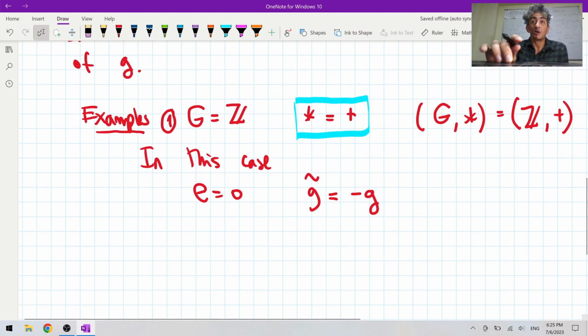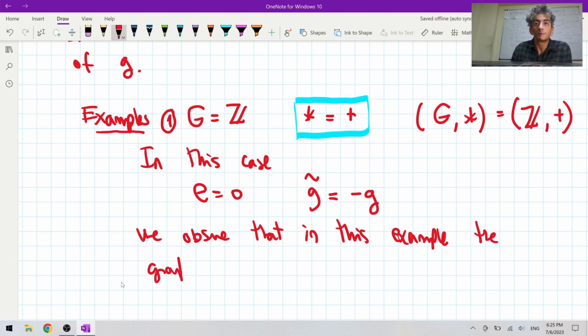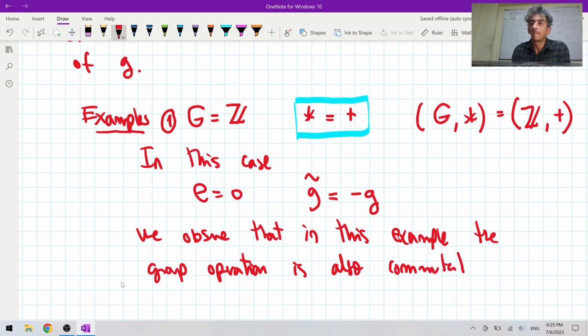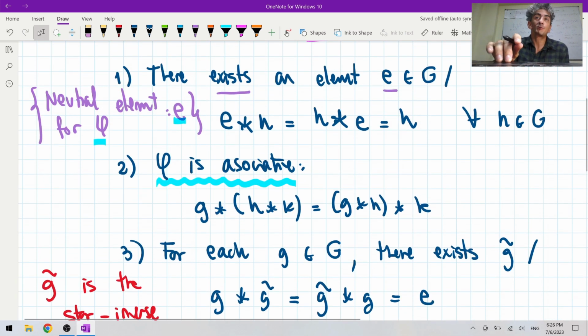We observe that in this example, the group operation is also commutative, which is not required by the definition. The definition just requires phi to be associative.